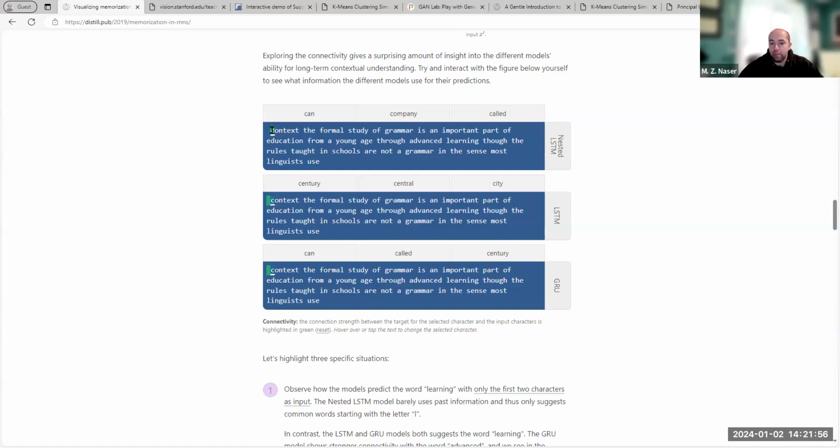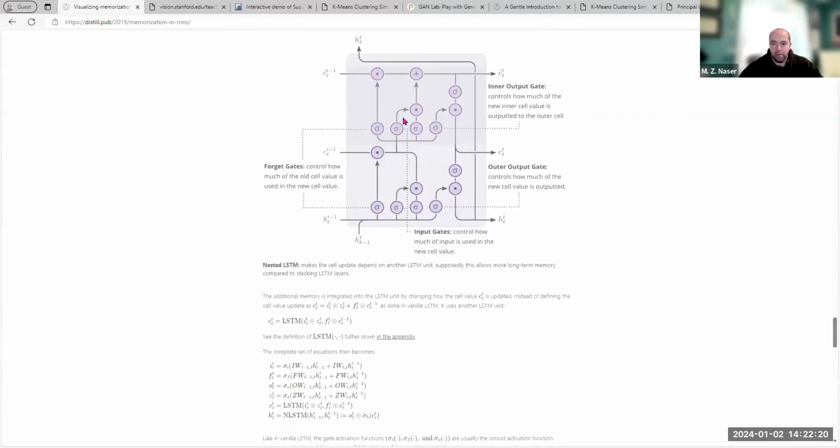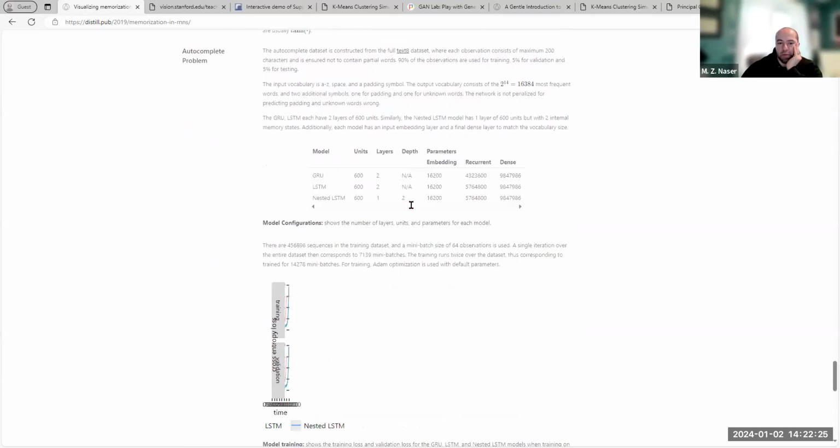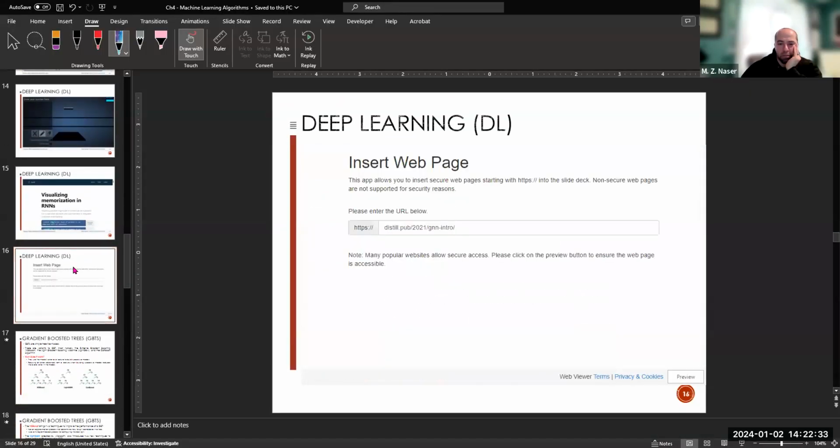So the words could be can, company, code, and then you add O, then country, company, computer, and then you add N, and so on until, for instance, once you hit X, there aren't many words that we can go with, like context or constellations. So this is how these things work out. There's a lot of math, and this is, for instance, an LSTM algorithm. This is how it looks. Yeah, all these are very good. Here we have those two.